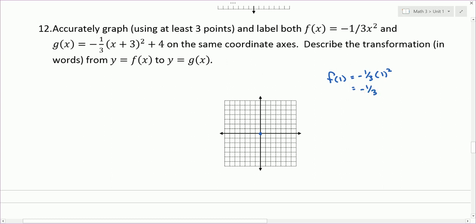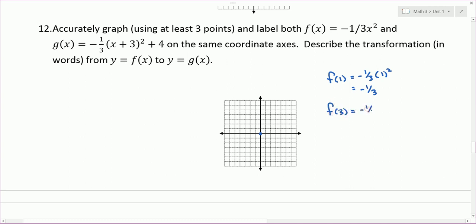It doesn't say at least a lattice point, but it's a little easier to graph a whole number. So we need to be careful what we choose to plug in for x. It has to be divisible by 3. So let's plug in 3.